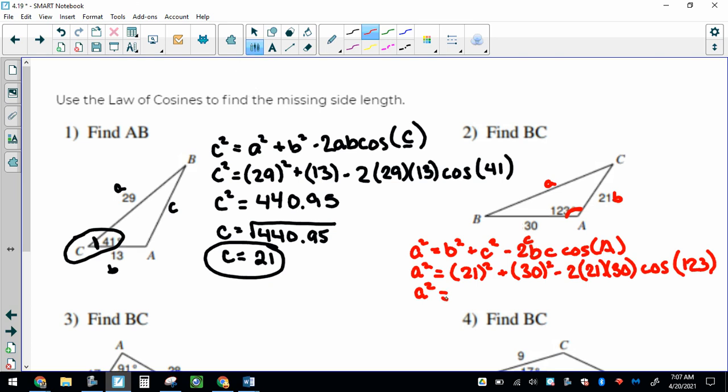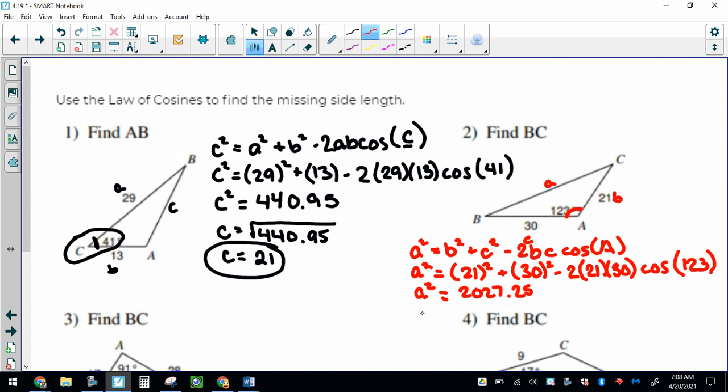So this is just typing it into Desmos with all the parentheses and everything else that it has. All right. So I got 2027.25.